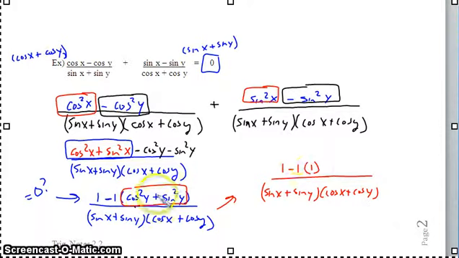And now I was able to get this to be equal to 0 because it's going to be 1 minus 1. And 1 minus 1 is 0. So I get 0 over this whole denominator, which I'm not going to take the time to write again. 0 over that is equal to 0. So therefore I show that 0 is equal to 0. And I could simplify that.